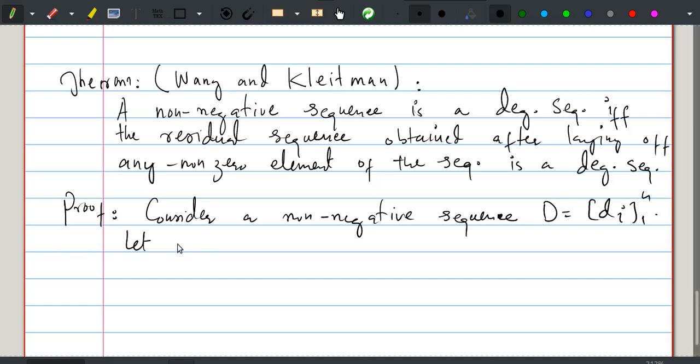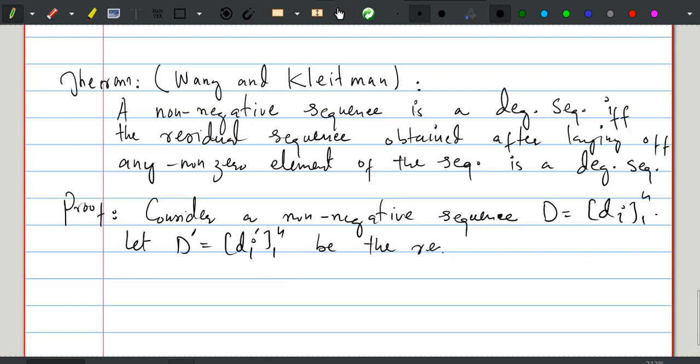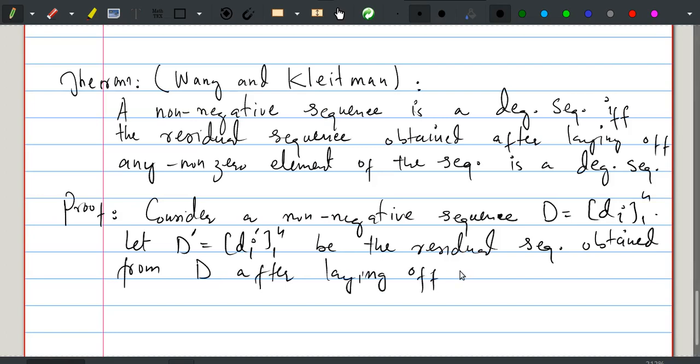Let d prime equal to di prime, where i runs from 1 to n, be the residual sequence obtained from D after laying off dk, where this dk is non-zero and this k lies between 1 and n.